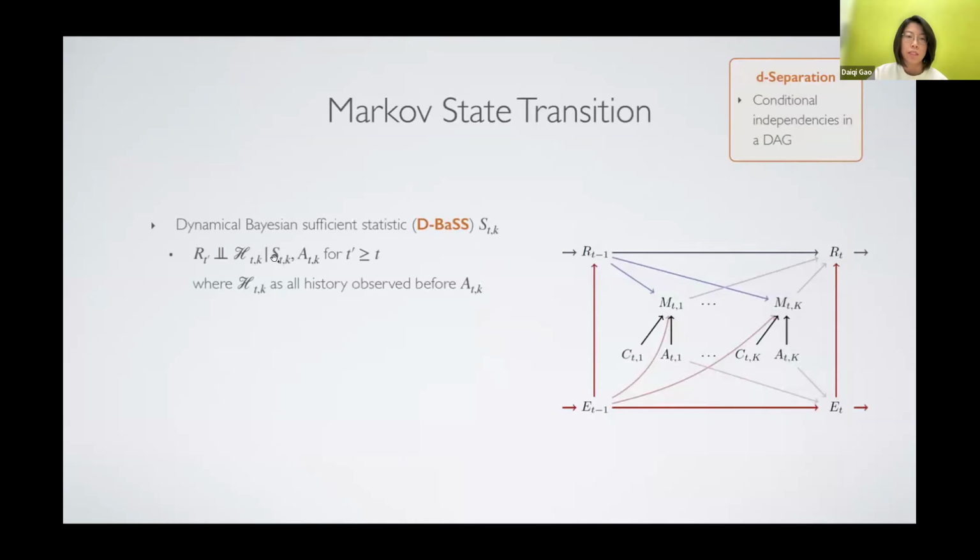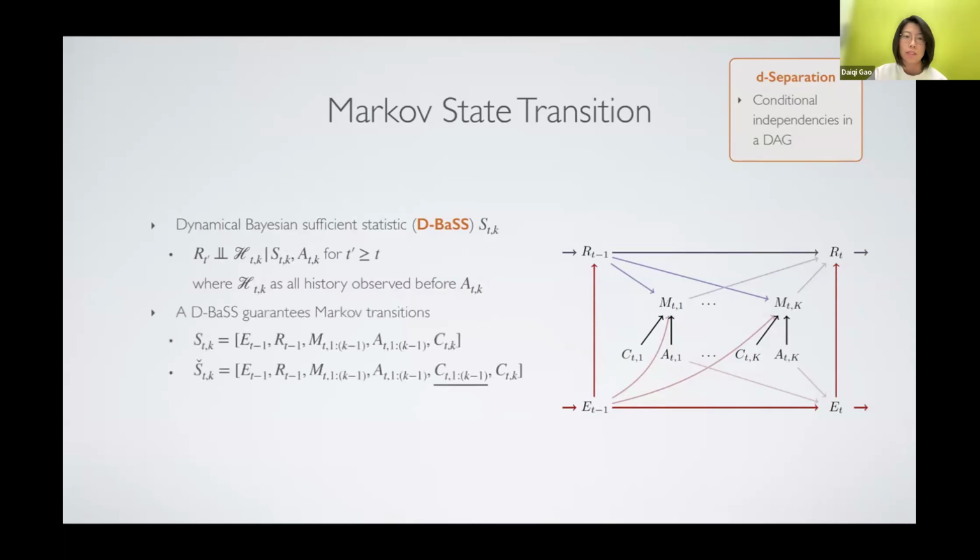Specifically, we define a dynamical Bayesian sufficient statistic such that given the sufficient statistic and the action, all the previous rewards are independent of the history. So intuitively, it means that a sufficient statistic is the boundary of the observed history that separates the history from all the future rewards. And it is guaranteed that a sufficient statistic will have Markov state transitions.